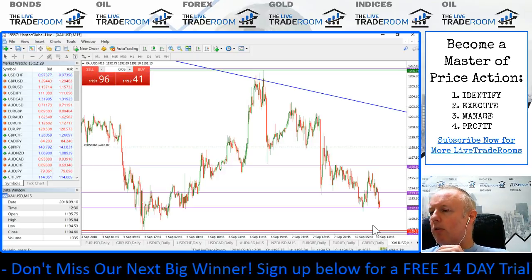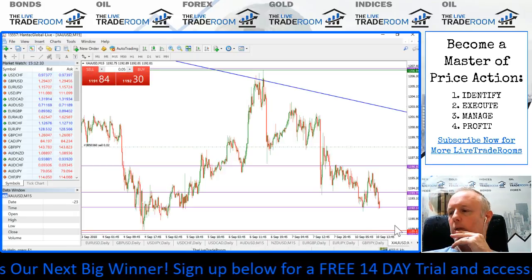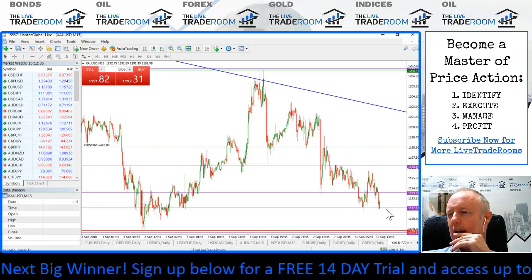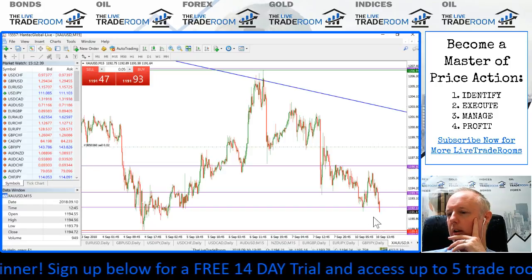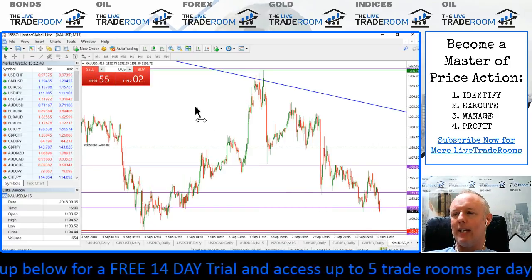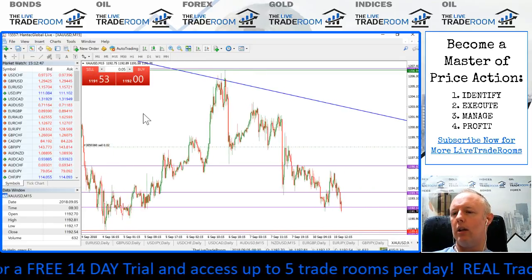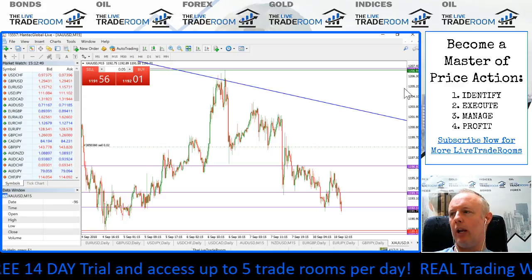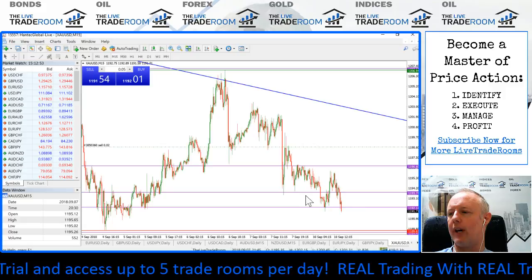Now, the level that we're really interested in this market is the 1189 level to the downside, and it looks like we're getting a bit of a breakout to that level as we speak. So we might not be too far away from seeing an opportunity in this market for the gold market to sell to the downside. So we've been monitoring this market very, very carefully for quite some time.